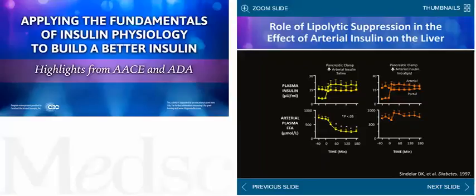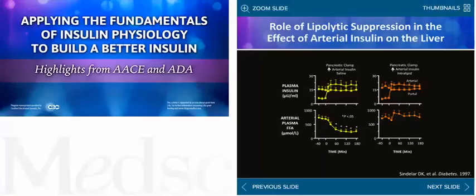So we did an experiment to see whether it could be an inhibition of lipolysis. And what you can see on the left in yellow is that we recreated that condition. So you have a clamped portal vein level of insulin and a rise in the artery. And that was almost identical to the data on the right in orange.